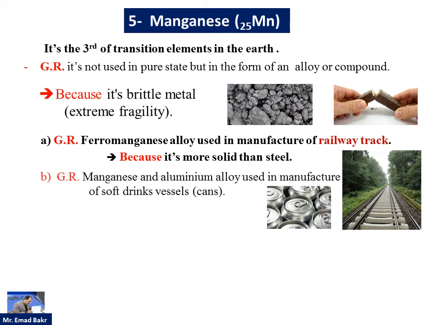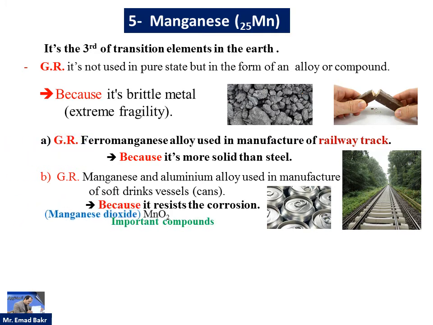Next, give reason, manganese and aluminium alloy used in manufacture of soft drink vessels, which are called cans. Why? Of course, because this alloy resists corrosion. Manganese and aluminium resist the corrosion process.